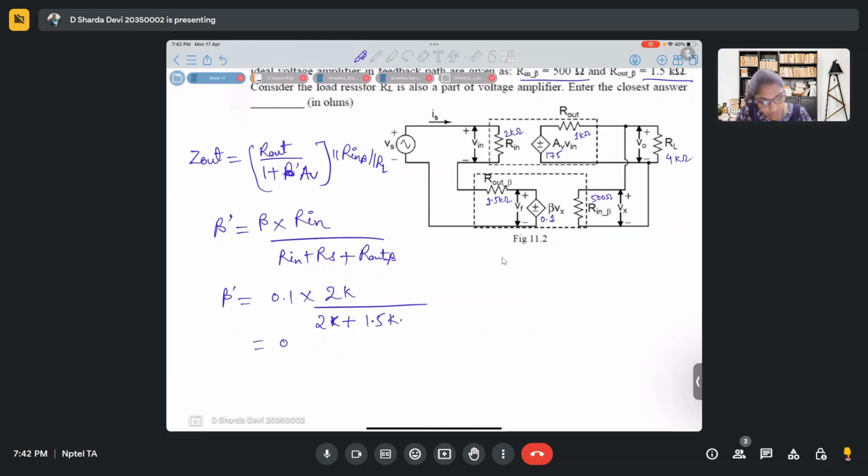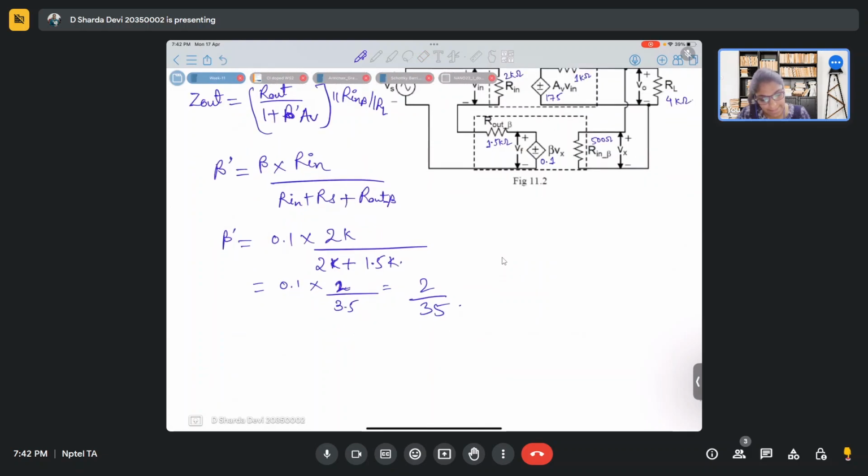So it is 0.1 into 2 by 3.5. Instead, it is 2 by 35. And directly you will have it now.